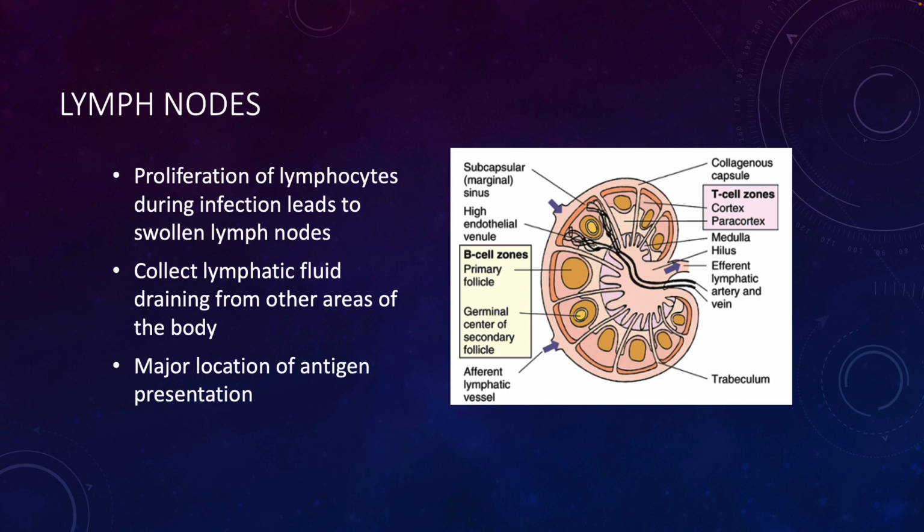One example I'm thinking of is Epstein-Barr virus, which causes the disease in the US that we call mono. One of the primary symptoms of mono is swollen lymph nodes, especially in the throat. So when you have that proliferation of white blood cells in that area, that's when the lymph nodes can swell. They collect the lymphatic tissue that drains from other areas of the body. And like I mentioned, this is a major location of antigen presentation.